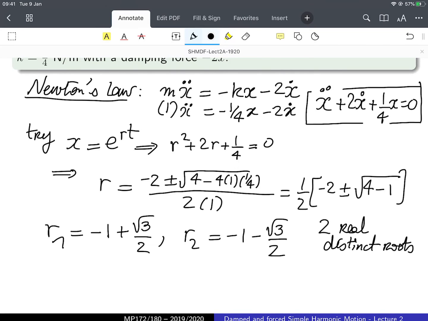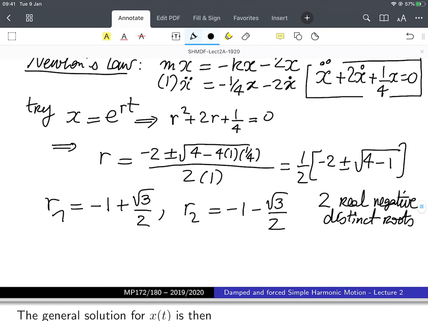And you could check, I'm trying this on my calculator now, that minus 1 plus square root of 3 divided by 2 is indeed negative for R1, and then R2 is clearly negative. Two real negative roots, and so both solutions are going to be decaying.